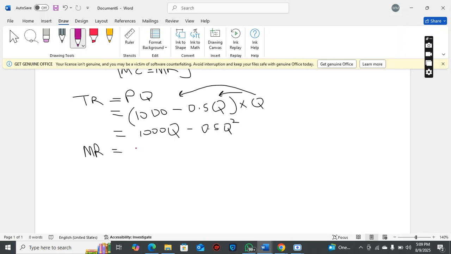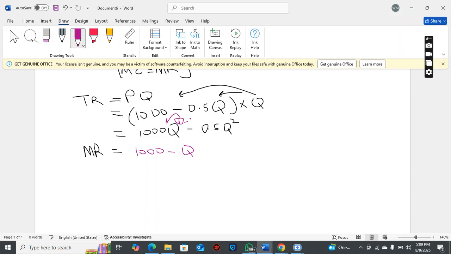Correct, 1000 minus Q. Remember differentiation: you multiply the exponent with the coefficient, the number in front of the letter. So 1 times 1000, you get 1000.